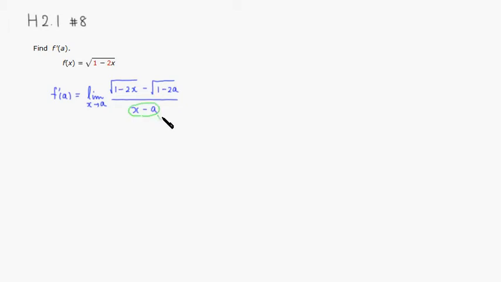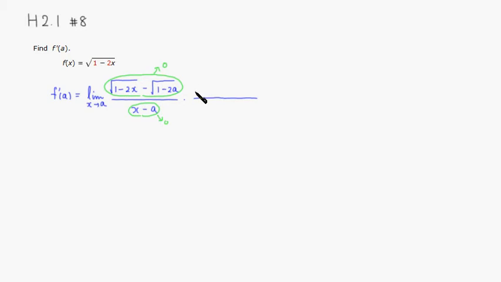Then you can see that as x approaches a, the denominator goes to 0. And as x approaches a, you have the square root of 1 minus 2a minus the square root of 1 minus 2a, so the numerator also goes to 0. Which means we have to do a little bit more work. So we're going to use the trick we've been using.